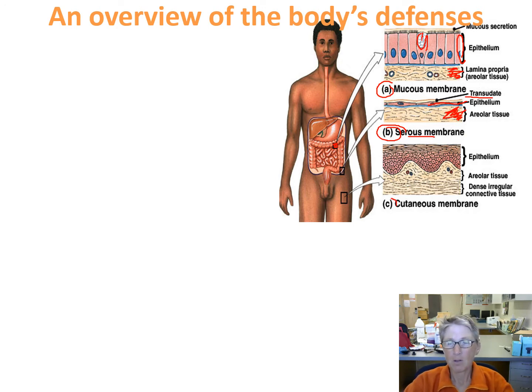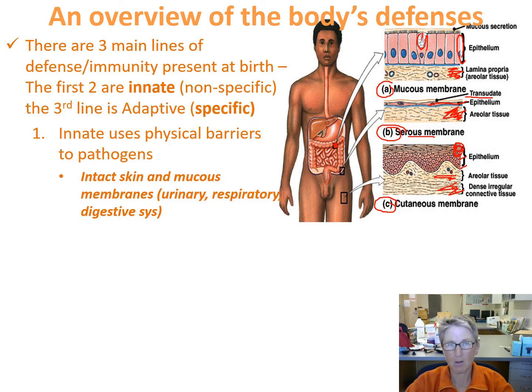And then you have a cutaneous membrane, that's your skin. So you have the dense irregular connective tissue, you've got some areolar connective tissue, and then you have the layers of epithelial cells with the epidermis on top where the dead keratinocytes are. So those are all barriers to microbes trying to get into your body.